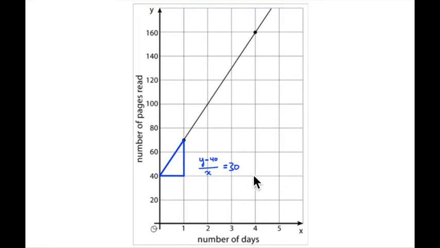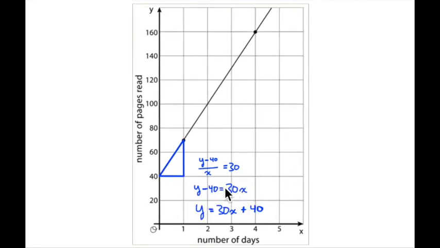So now we're going to do a little bit of algebra. So y minus 40 is 30 times the number of days. So in other words, the number of pages that gets read is 30 times the number of days. So y minus 40 equals 30 times the number of days. So it equals 30x.